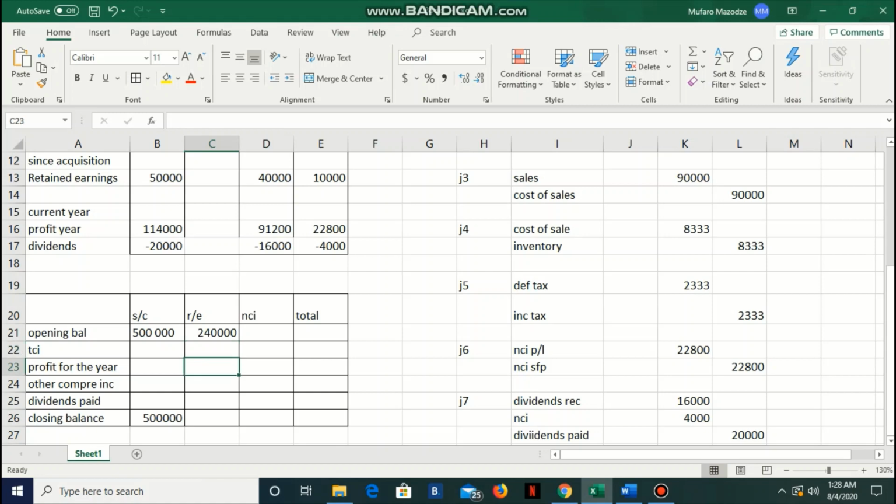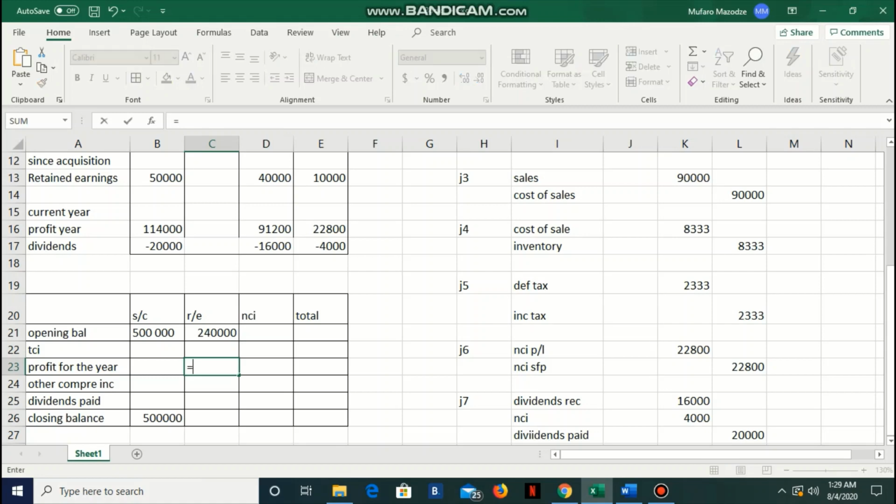The profit for the year is going to be parents' profit for the year plus this profit for the year. Remember this, sometimes I prefer to take this amount from my consolidated statement of comprehensive income. However, this is a very basic example, so there is no need to do that. But I think if in a complicated scenario, it's best to take the amount that comes from the consolidated statement of comprehensive income.